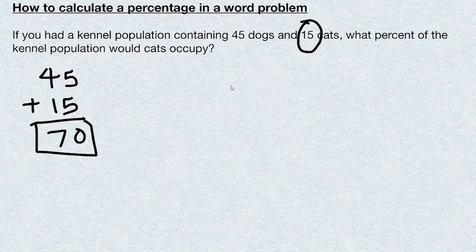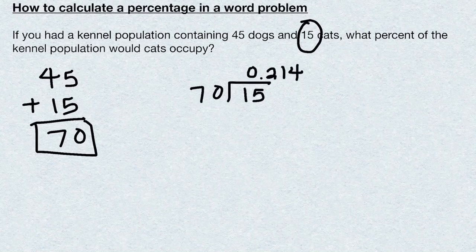So what I need to do now is a little bit more math and do 70 into 15, which is 0.214. We'll just leave it at that. This goes on for like 15 numbers, so we'll just stop there.